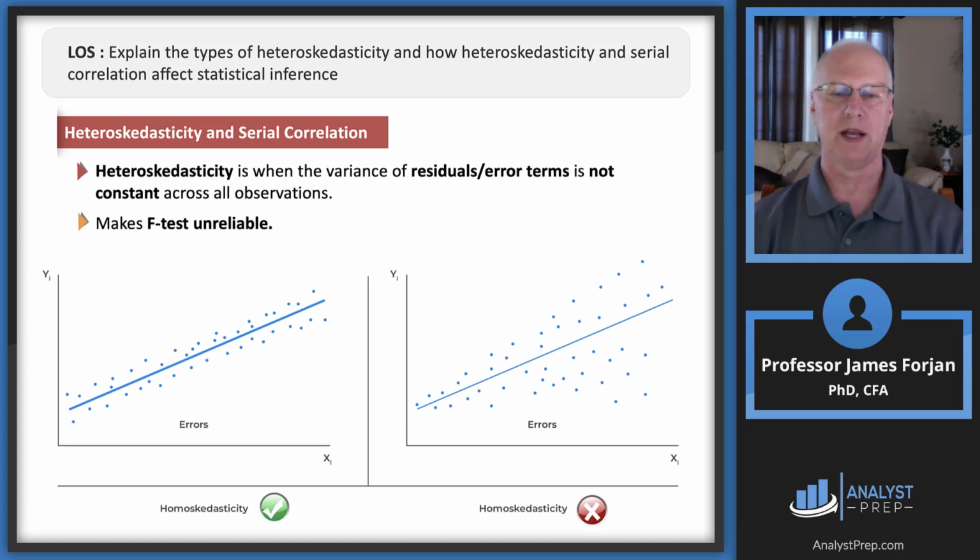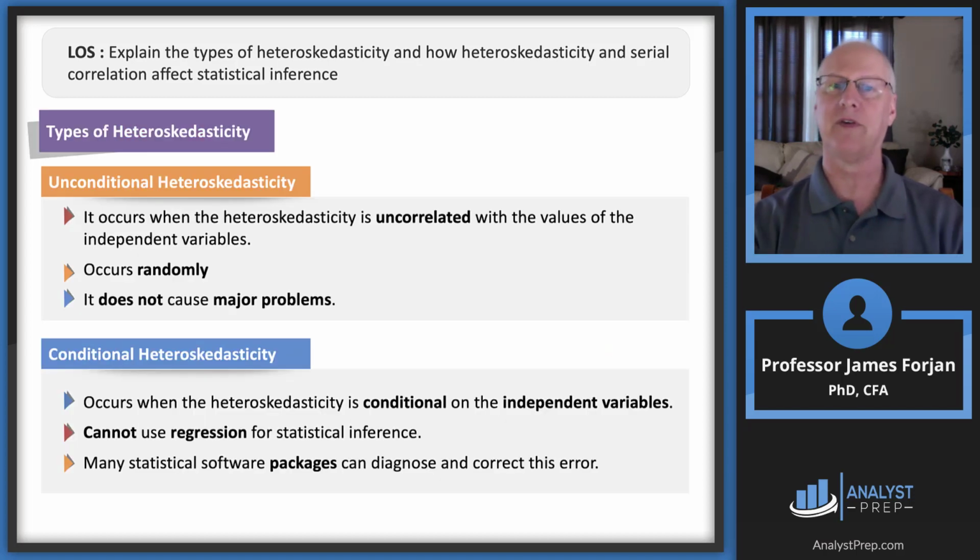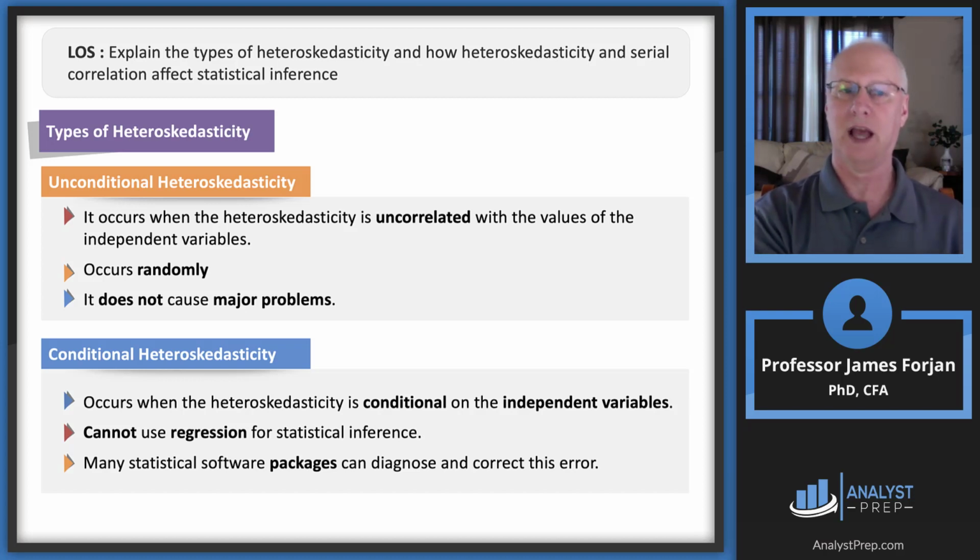Now, heteroskedasticity, you might be thinking, is going to be a substantial problem, and it probably is. However, we need to differentiate between unconditional heteroskedasticity, in which the values of the independent variable are not correlated or related to the variance in those error terms.